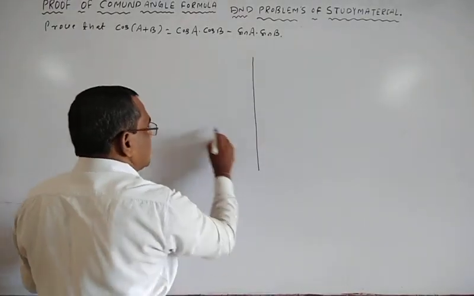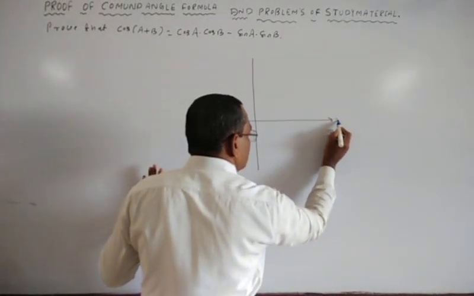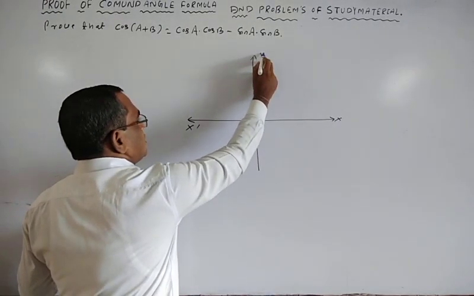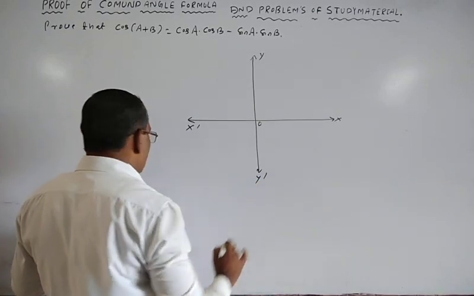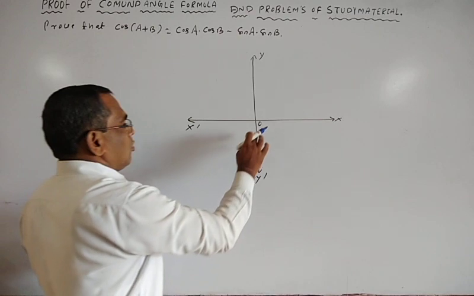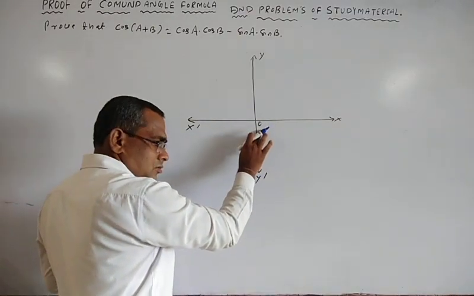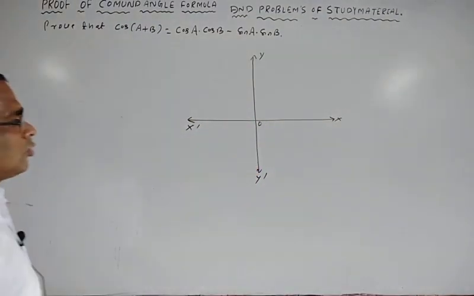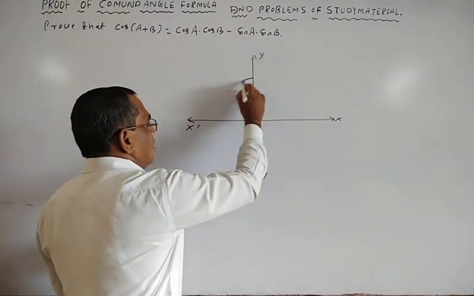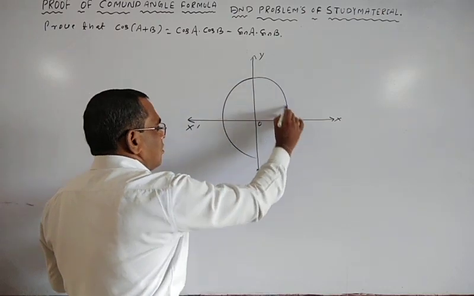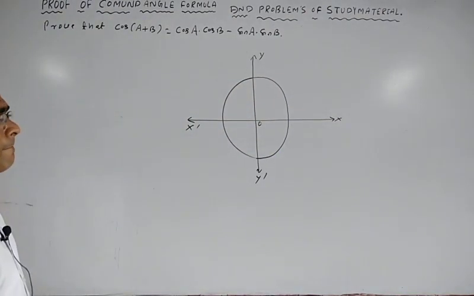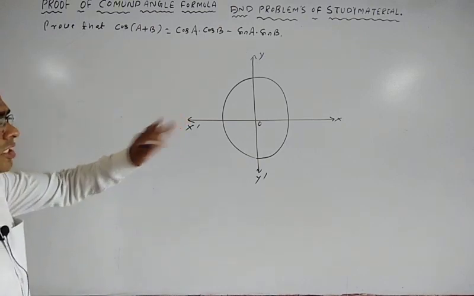So this is the coordinate axis, x o x dash is known as the x-axis and y o y dash is known as the y-axis. So here O is the origin where the coordinate axes intersect at that point. Now we take a circle whose center is at origin and radius is 1. This is the unit circle.